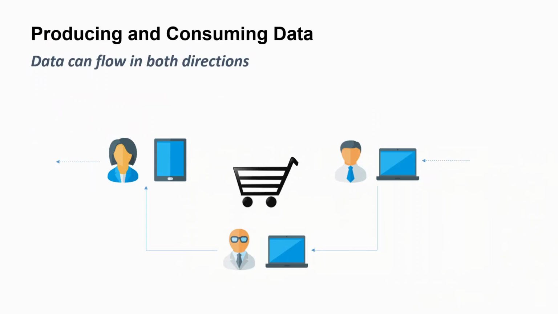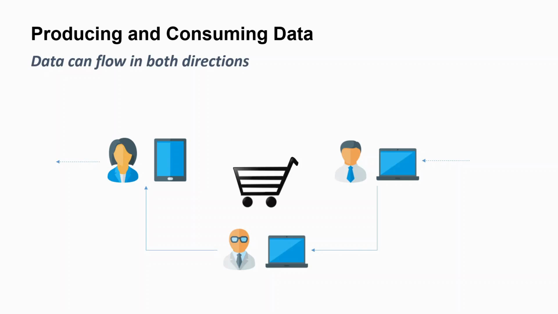In this end-to-end use case that we had a look at, we produced data from the left-hand side on the field engineer level with a cell phone, and then later on in that workflow, the design engineer and the manager consumed that data.